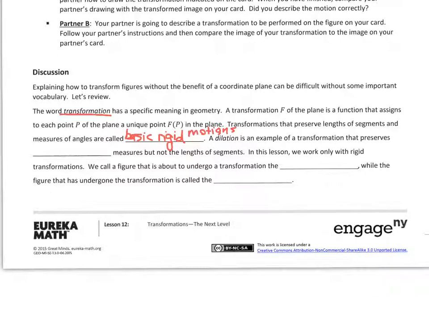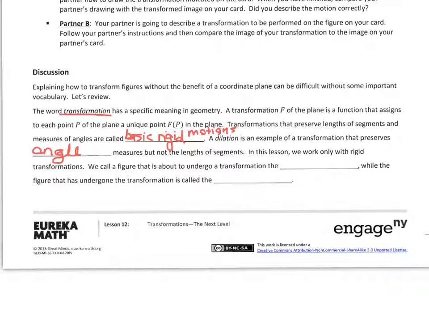Basic rigid motions. A basic rigid motion means nothing changes. It's like you're picking up your original one and just moving it around, so you still have the same shape, same angle, same everything. A dilation is an example of a transformation that preserves angle measures, but not the lengths of the sides.